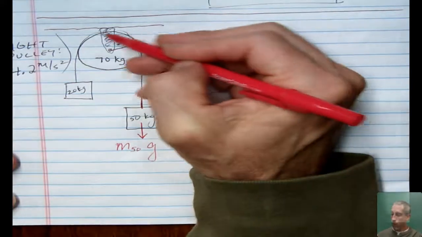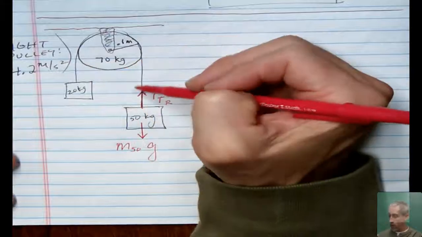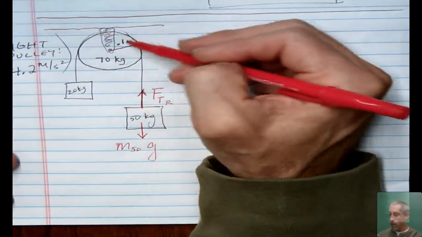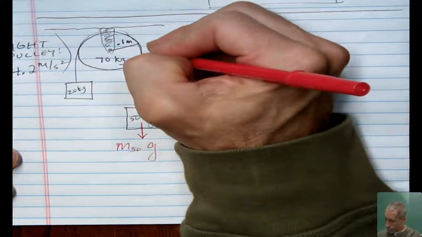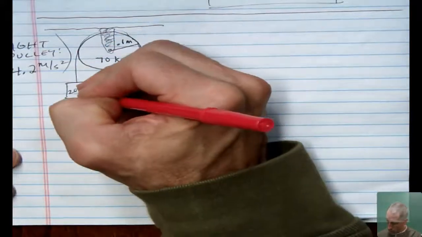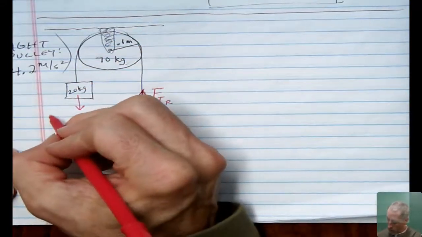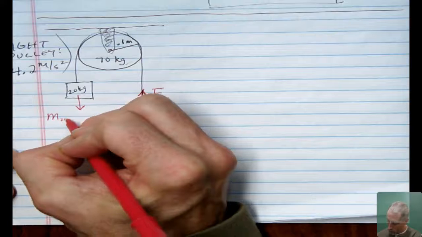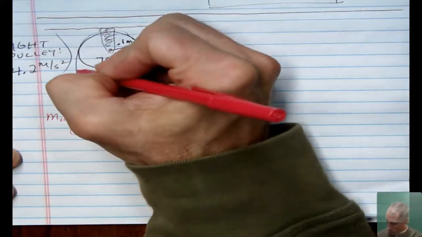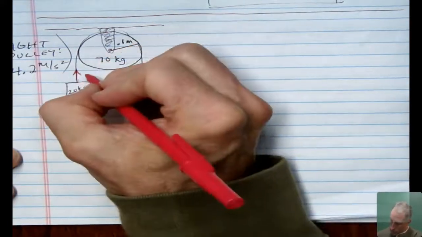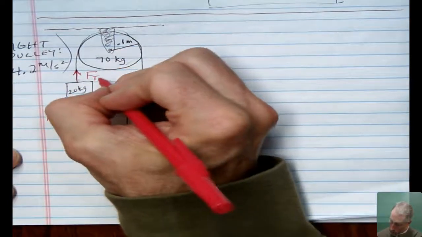In this case, when we have a massive pulley that we're wound around, we actually have a different tension on one side than the other side. So let's look here. We have obviously a smaller weight over here. This would be the mass of the 20 kilogram object times little g. And then we have a tension here we're going to be calling F_T,L, L for the left side.